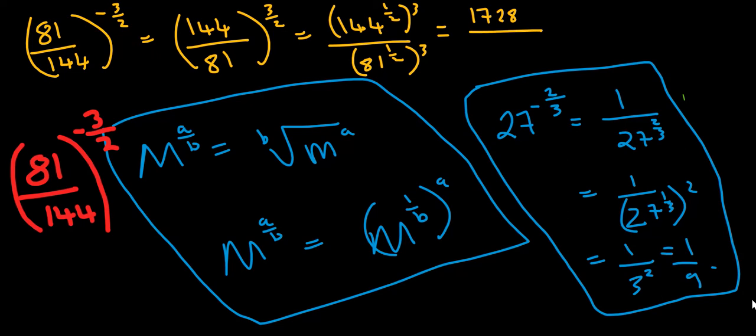And the same logic, the square root of 81 is 9. 9 cubed is 729.